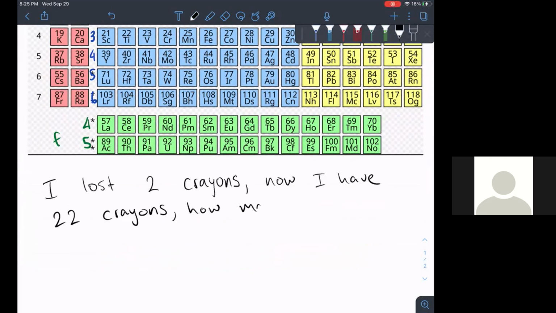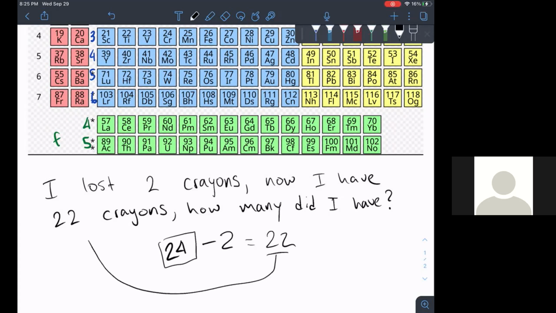How many did I have? If I asked you all this question, you'd be pretty confident in your answer of possibly 24, because if I started with 24 crayons, then I subtracted 2, now I have 22, bam. So you'd be pretty confident in that answer. This is the same concept behind the ion problems.